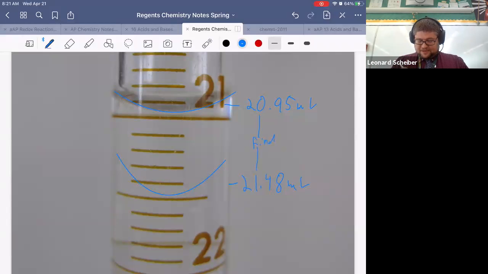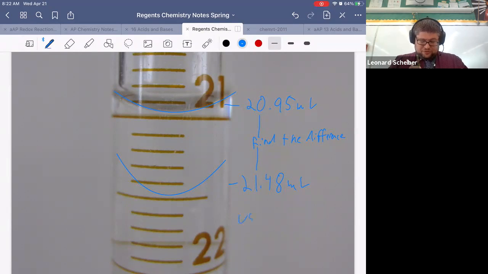We have to find the difference. All right, so you do some simple subtraction, and I will get out my calculator to do simple subtraction. I'm sure many of you can do it in your head, but if that was our start and our finish, 21.48 minus 20.95 is 0.53.